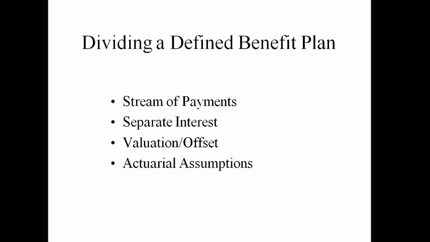Now, these two are very different. Why? Because different things can happen. For example, in the stream of payments method, death could change the way in which we anticipated paying the benefits out. In the separate interest method, if the non-participant spouse dies before the separate interest is payable, then either nothing will happen and the non-participant spouse's family will lose, or a properly drafted QDRO will write what happens.